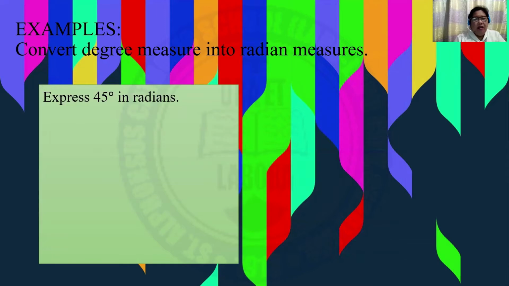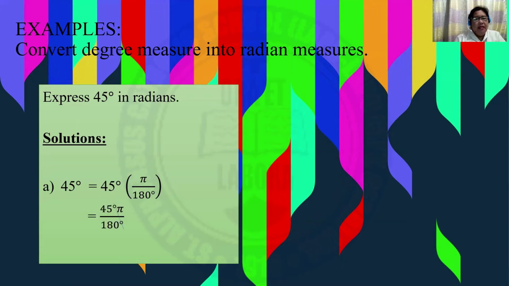If you are given 45 degrees, all you have to do is multiply 45 degrees by pi over 180 degrees, and then cancel the degree unit, then you will have pi over 4. Just reduce 45 and 180. So 45 degrees is equivalent to pi over 4 radian, or simply pi over 4.